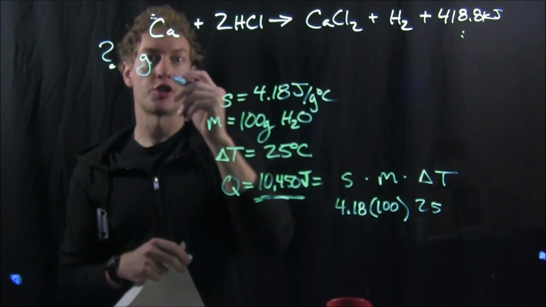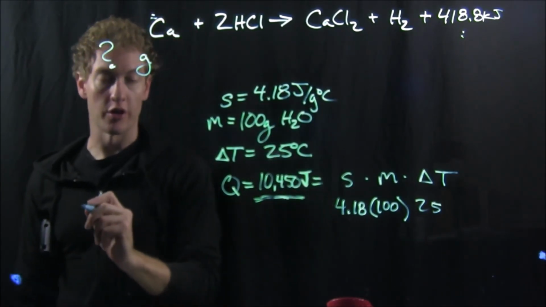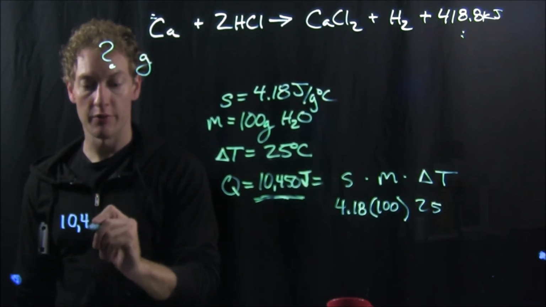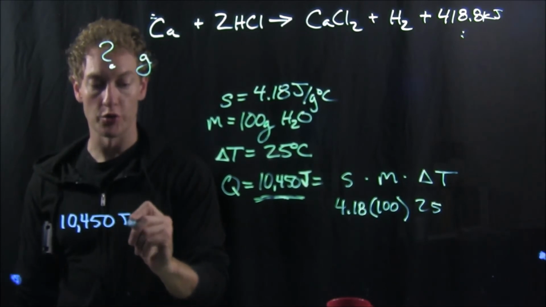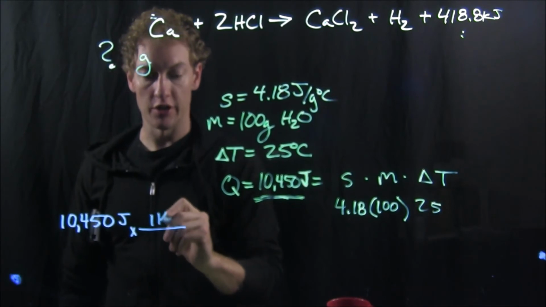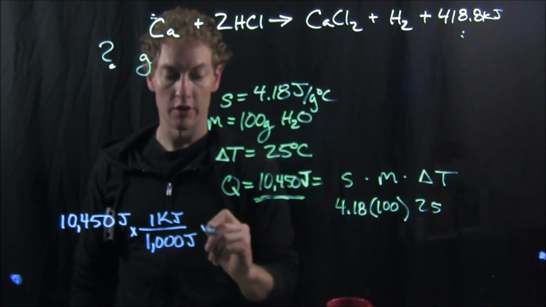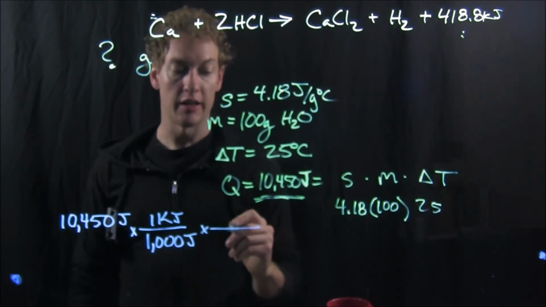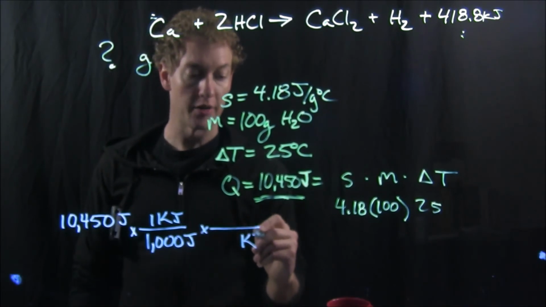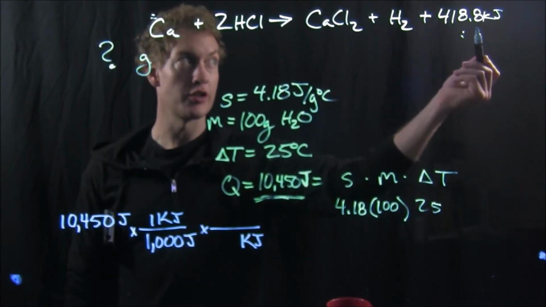So I'm going to set up a chain of calculations. So we're going to go 10,450 joules times, I got to convert it to kilojoules. So it's 1 kilojoule for every 1,000 regular joules times, then I know that kilojoules can go on the bottom. So let's see, we got energy in kilojoules.